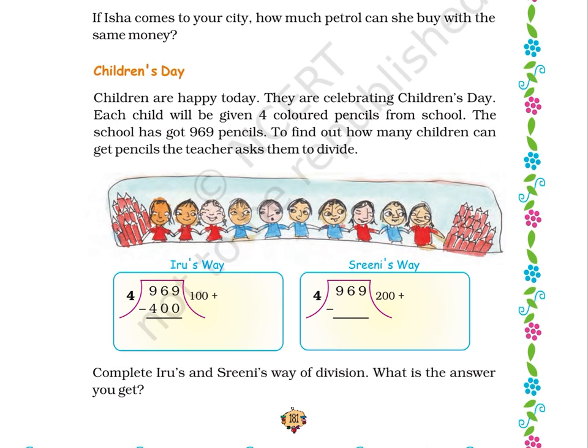On the page below, we see a picture of many kids. All are very excited to see the calculations. On one side, we see Iru's way, and on the other, we see Srini's way. Complete Iru's and Srini's way of division. What is the answer you get?